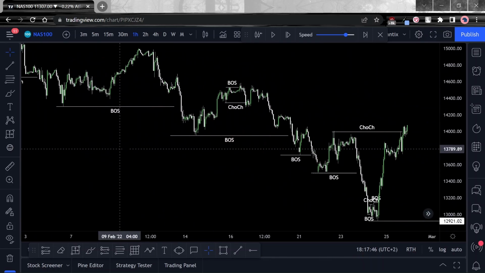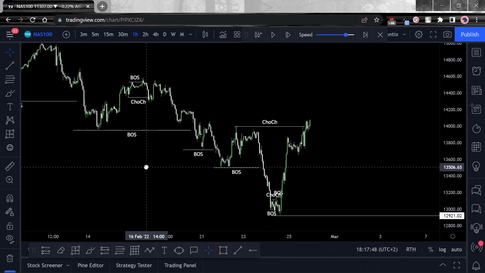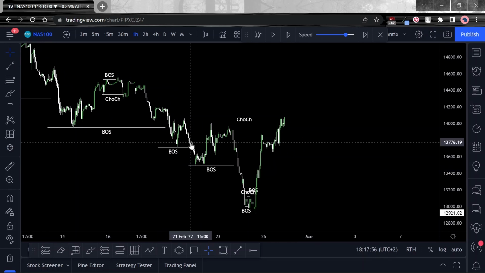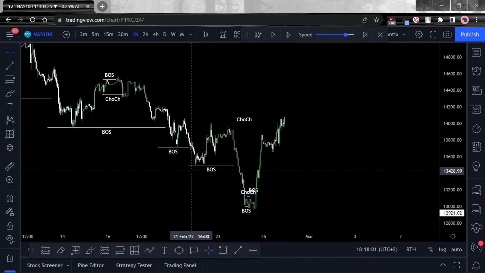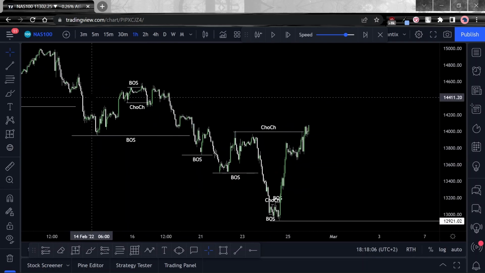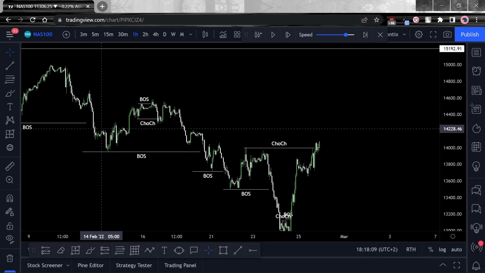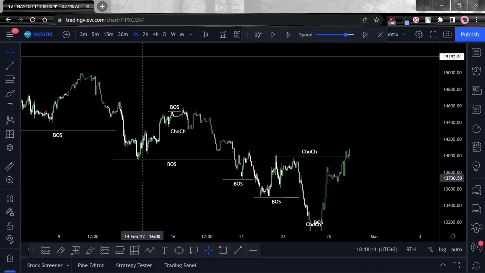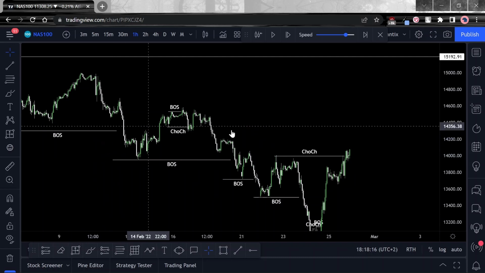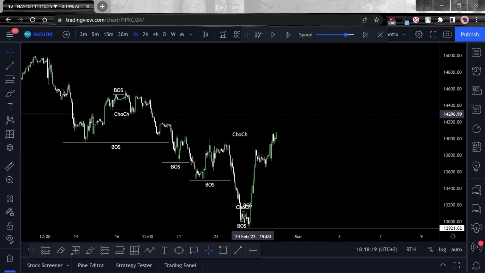So we're just going to cover drawing areas of value in the next video, where we're going to talk about how you as a trader can then know the zones where to anticipate price to turn. Because now, if you've got this understanding of market structure, and you see market structure the way I've shown you to look at, both from a candlestick chart and from a line chart, then you know what to expect the market to do.